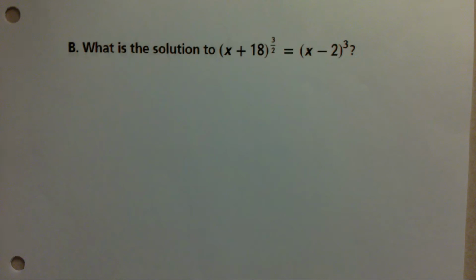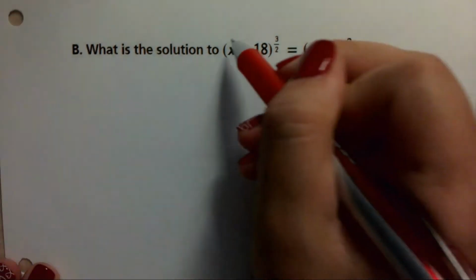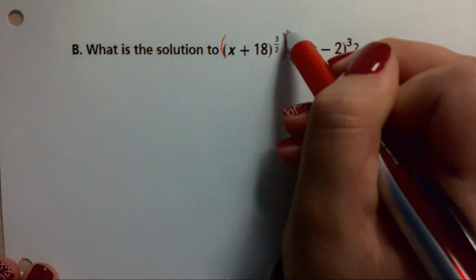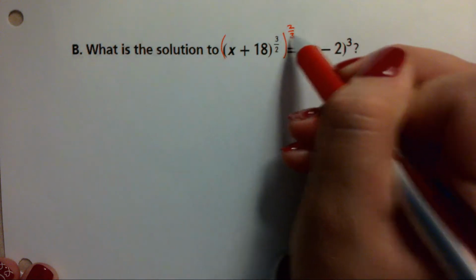So the first thing I'm going to do is make sure that my expression with the rational exponent, rational means fractional, is isolated, which it is. So then I'm going to raise both sides to the reciprocal power. The reciprocal of 3/2 is 2/3.